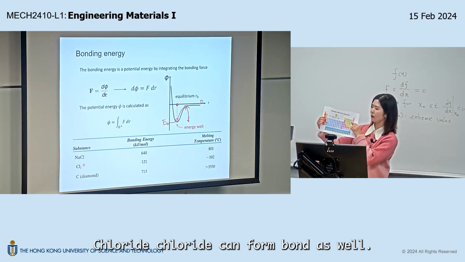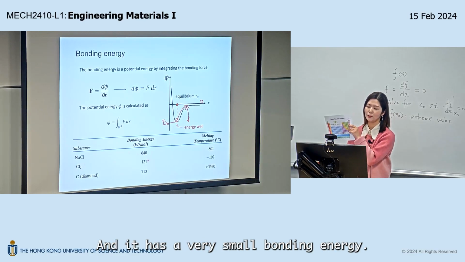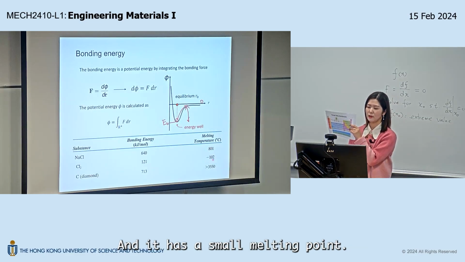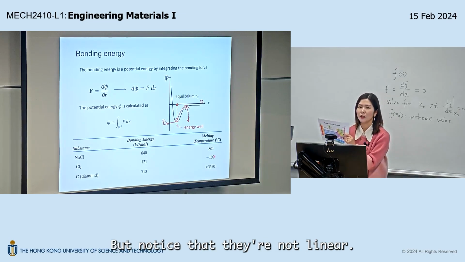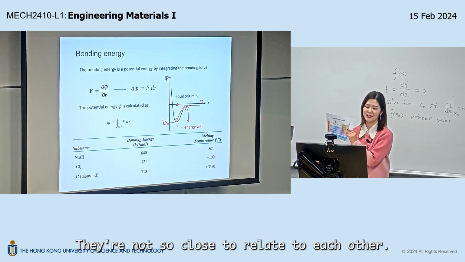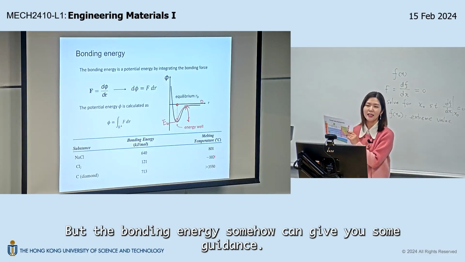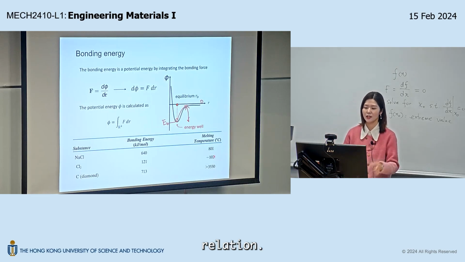Chloride can form a bond as well, right? And it has a very small bonding energy, and it has a small melting point. But notice that they're not linear. They're not so closely related to each other, but the bonding energy can give you some guidance. But I'm not saying they have a very strict linear relation.